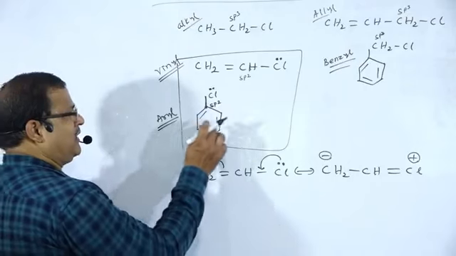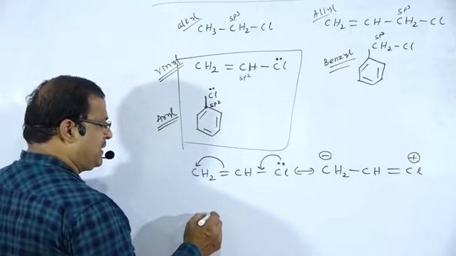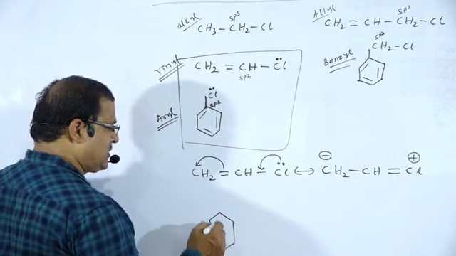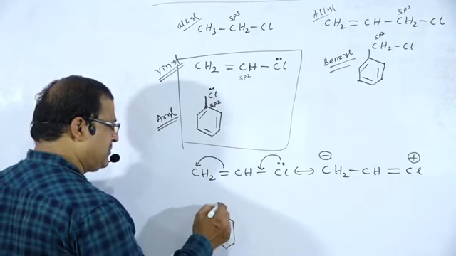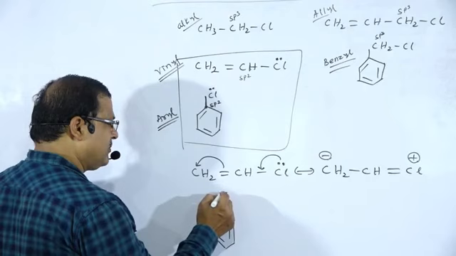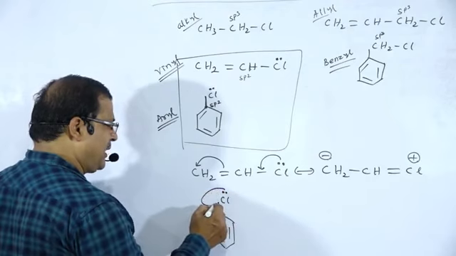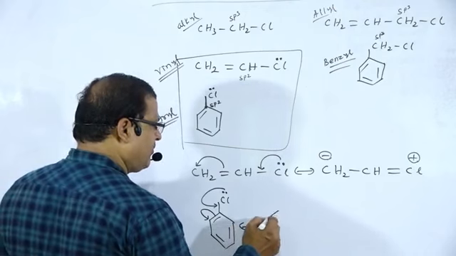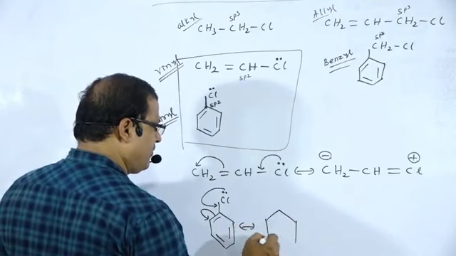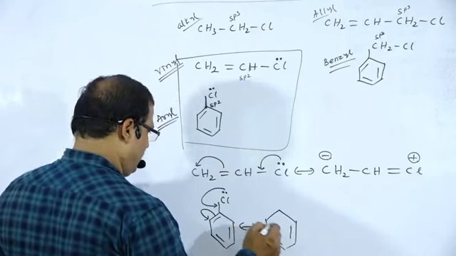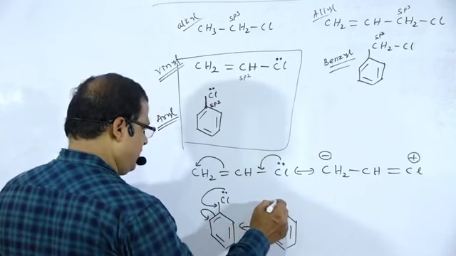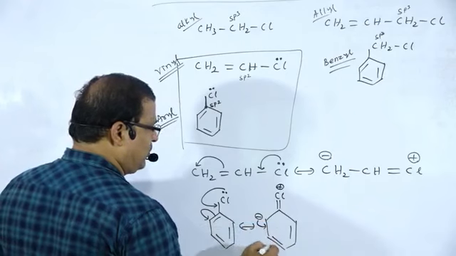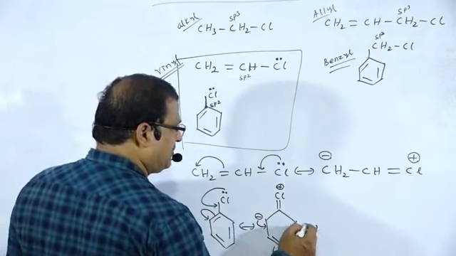And if we draw the resonating structure of chlorobenzene, we have already done these structures. Resonating structure of chlorobenzene: the lone pair of electrons, the bond is shifted to the next atom. In this case also, there is the development of carbon to chlorine double bond character.